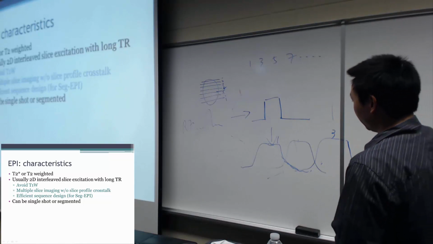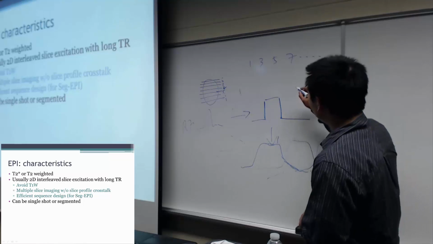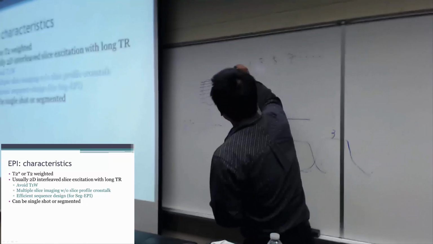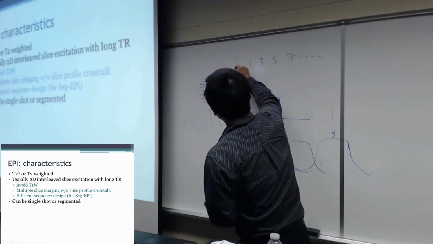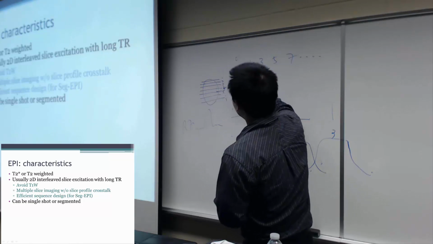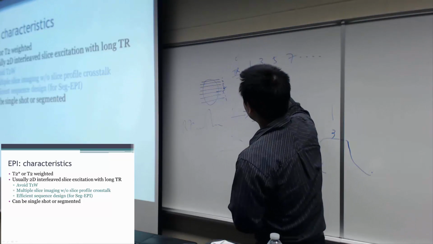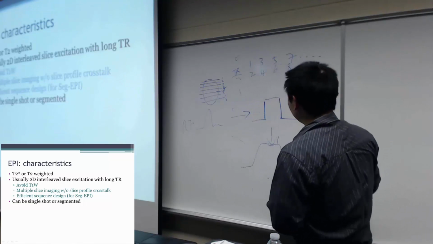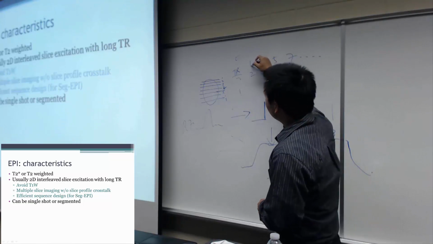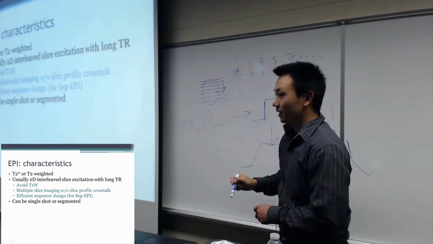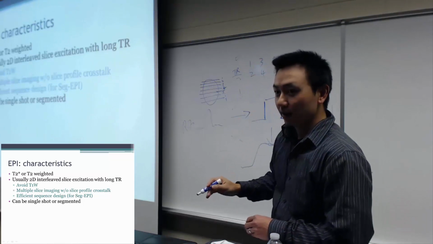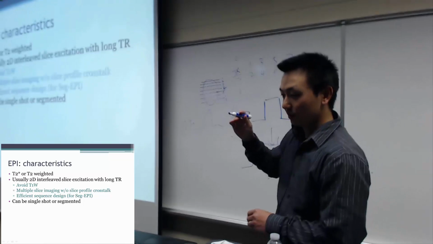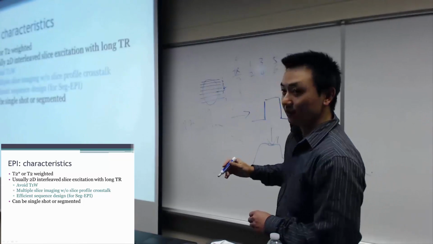Then, starting at half of the TR, we start to excite the even slices, so that spatially neighboring slices are excited half of the TR apart.